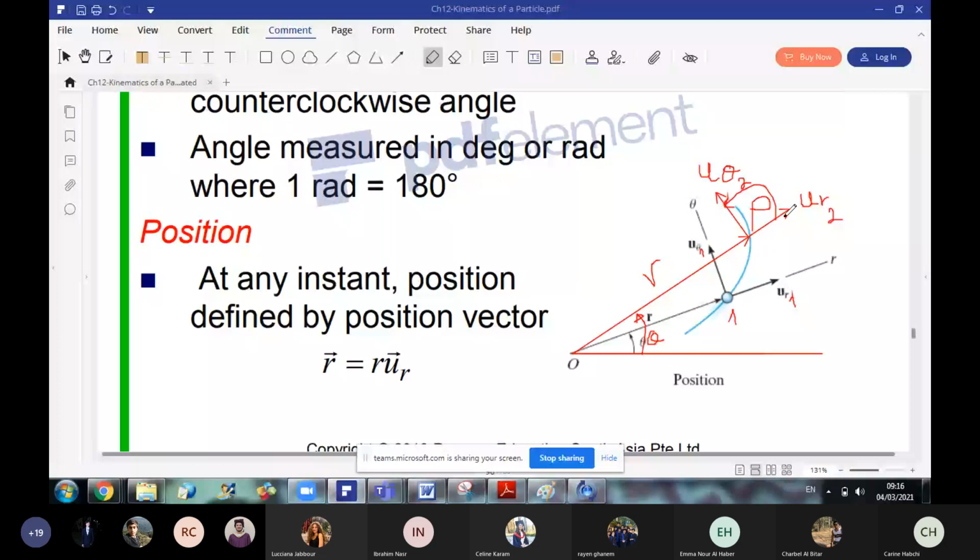This means that the position vector can be written as the magnitude of the position vector times its unit vector. Since UR is by definition the unit vector of OP, the position vector OP is equal to its magnitude times UR. Now, since I expressed the position vector as a function of UR, I can derive this vector to get velocity, and then derive velocity to get acceleration. So let us work step by step to find the expression of velocity and acceleration in cylindrical components.